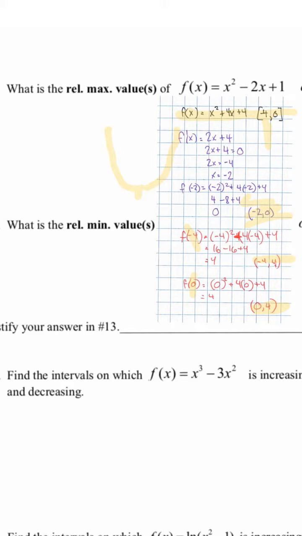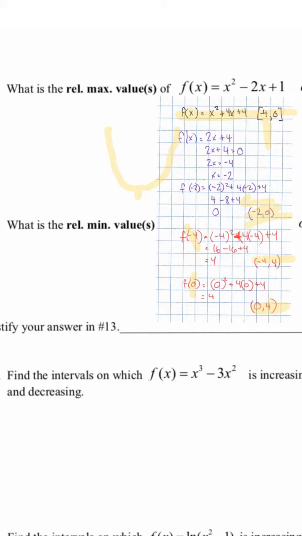So remember what I said, that relative maximums and minimums are like the tops and bottoms of hills. You can't just have it in an endpoint, or at least that's what some people's definitions are. We're going to go with that definition, that it can't be at an endpoint. So the relative maximum for this problem doesn't exist.